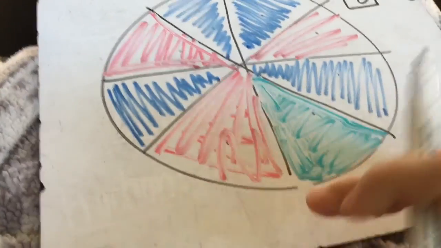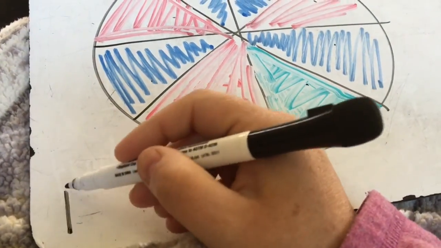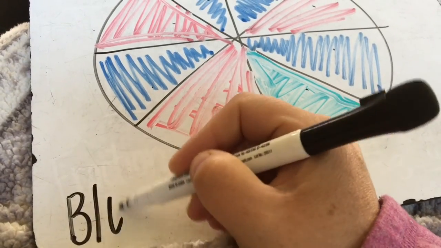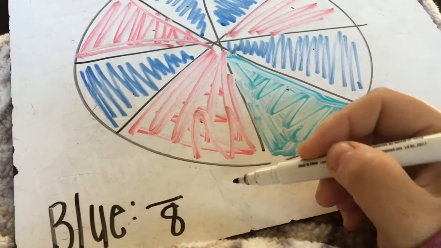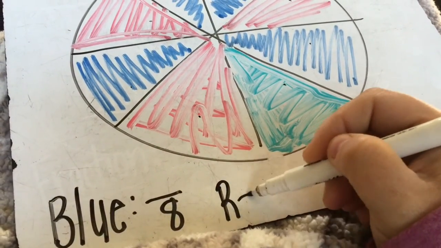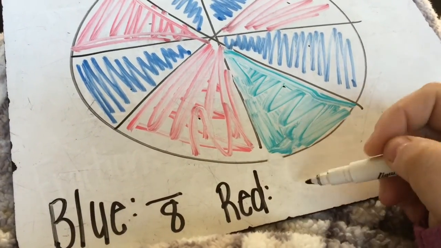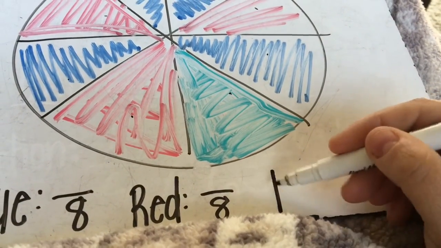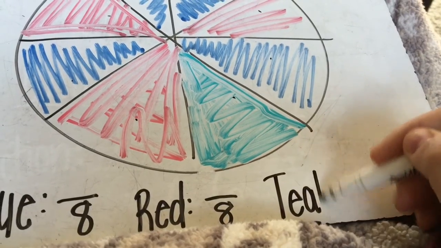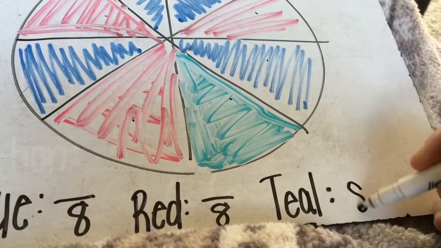I'm going to first look at blue, and I'm going to count how many blue pieces of the fraction there are. Remember, 8 is my denominator. Now I'm going to look at red, and then the last color is teal.